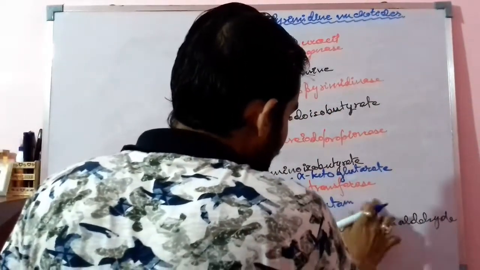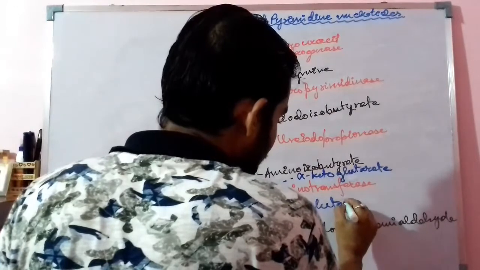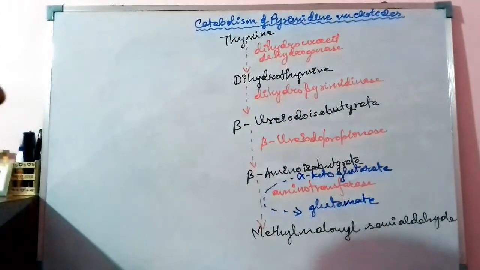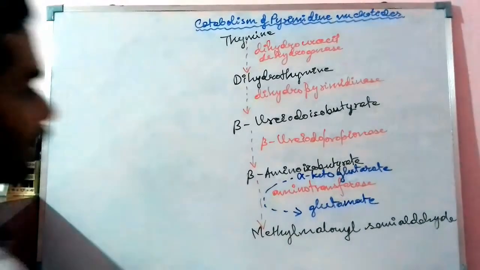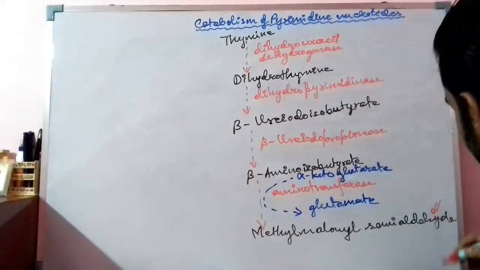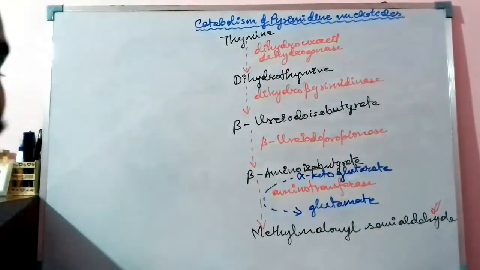Okay, this will be glutamate, not glutamine. So methylmalonyl semialdehyde is the ultimate compound that is being excreted as waste out of the body.